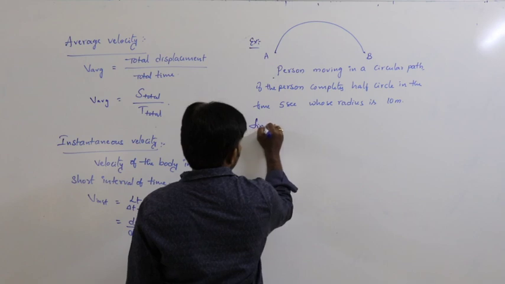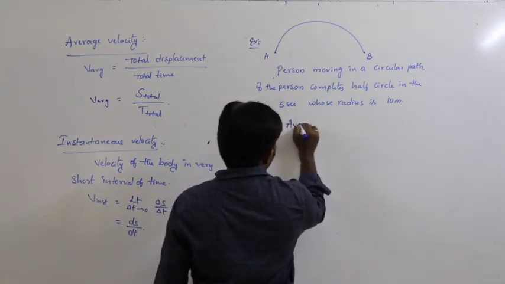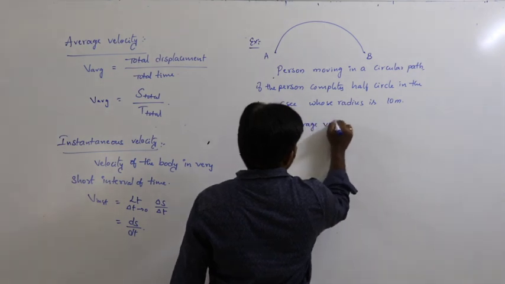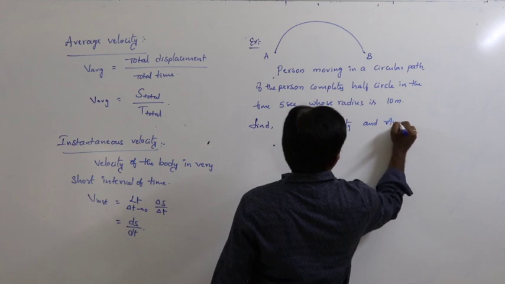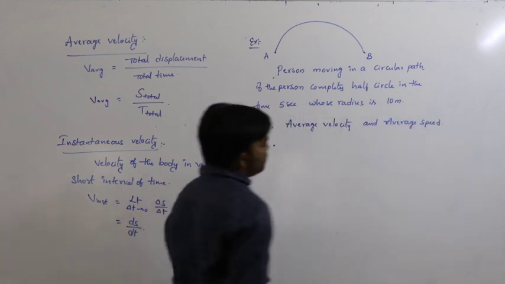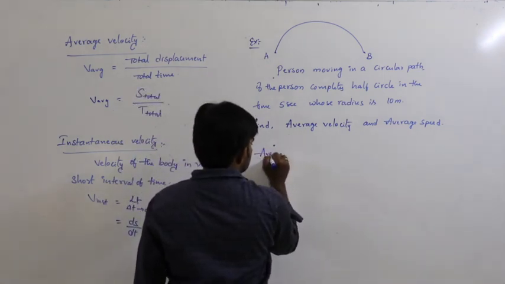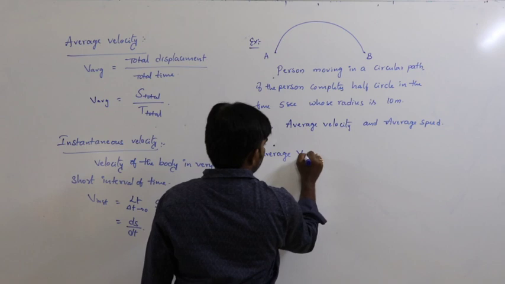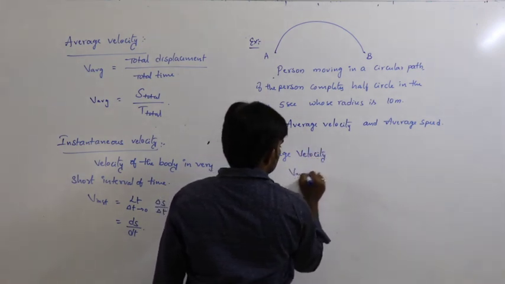Find the average velocity and average speed. First we calculate average velocity. How can we define it?